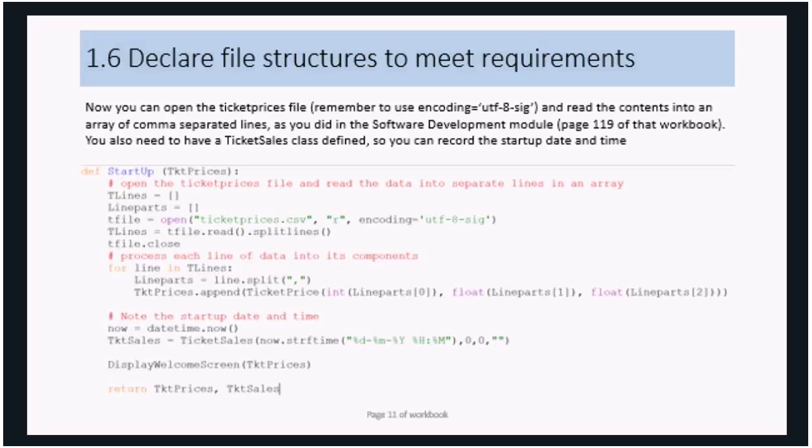You might still have that as a stub, or you might have lifted your code from your prototype to bring over all the print statements that give you the nice layout for your welcome screen. And then you return your ticket prices and your ticket sales to the calling program so that all of that information you've read in is available to the main program.